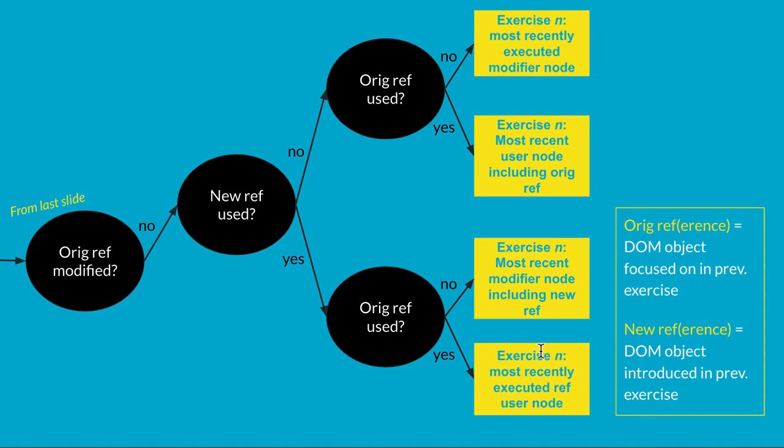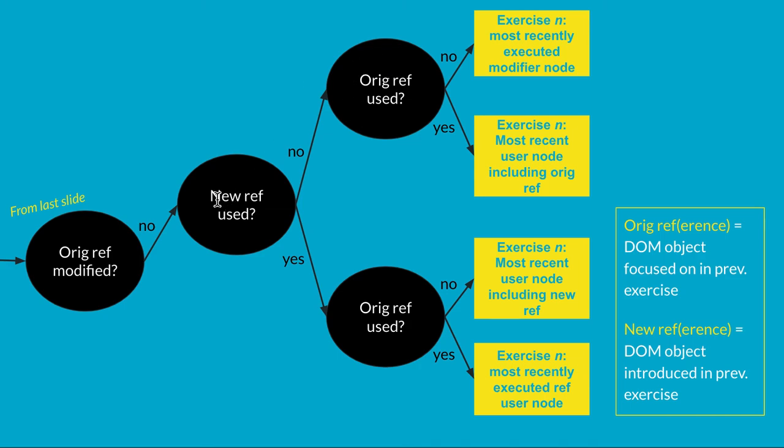If they were both used, pick the most recently executed ref user node, either the original ref or the new ref, it doesn't matter, whichever one happened most recently. Otherwise, if only the new reference was used, then pick the most recent user node that includes the new reference.